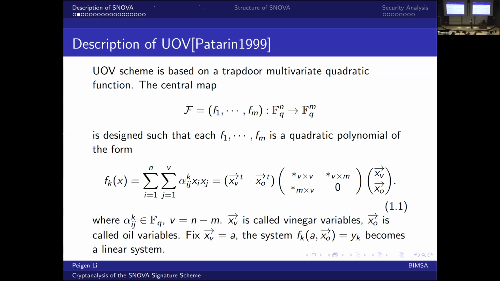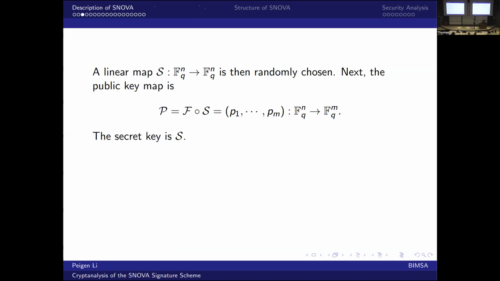If we fix the vinegar variables, then the above system becomes a linear system. This is important for us to find a pre-image. Next, a linear map S is randomly chosen, and the public key map is just the composite of F and S. The secret key is S. The function of S is just to help us hide the structure of the central map.